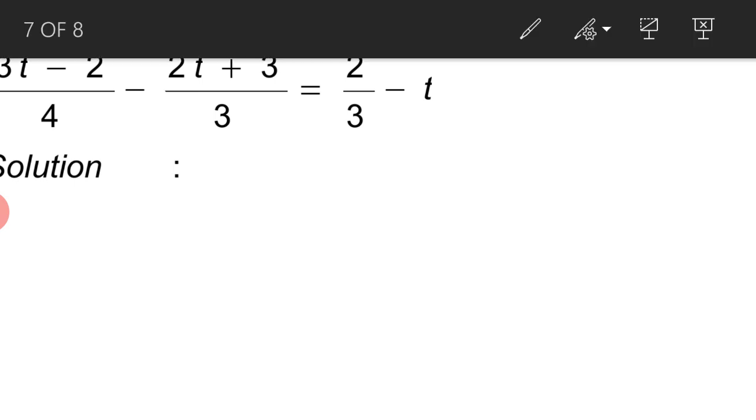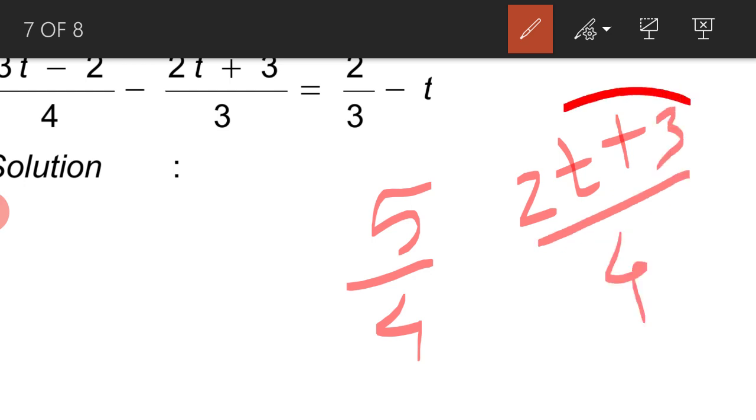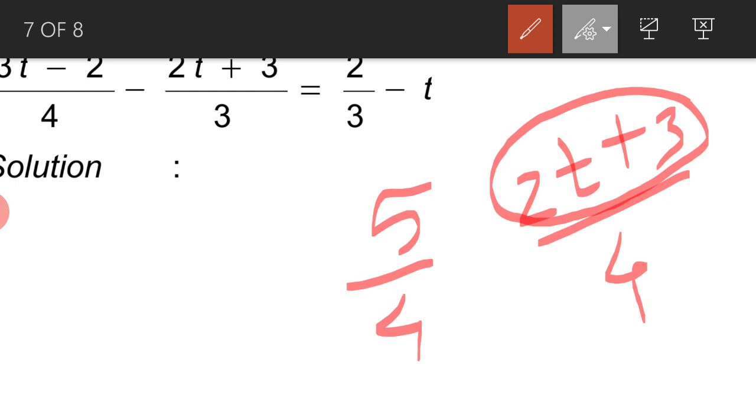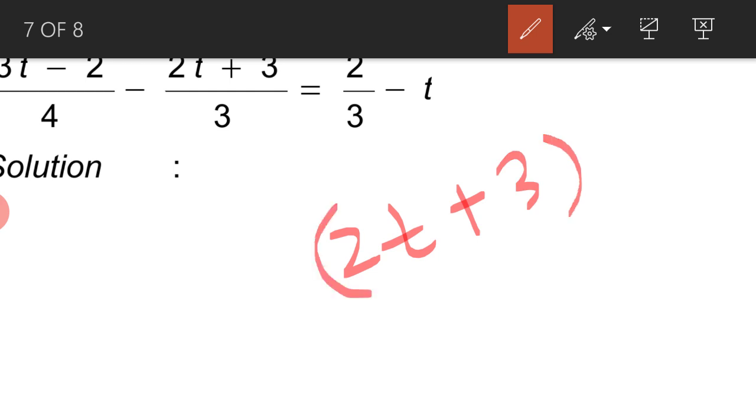Basically, when we see a rational number 5 by 4, and if I write 2t plus 3 by 4, you must understand that this 2t plus 3 is a single number which is unknown to us, but it is a single number. So you have to treat this number as a single number, and that can be done, children, by using bracket. So 2t plus 3, we will keep it in bracket to understand that it is a single number.